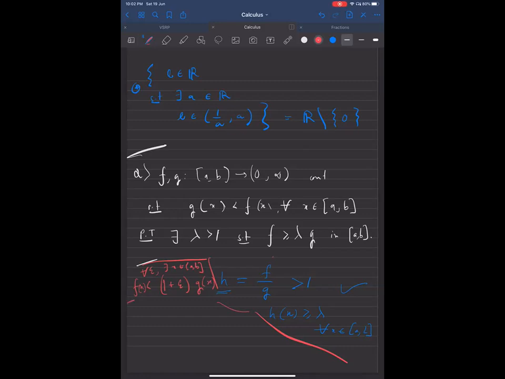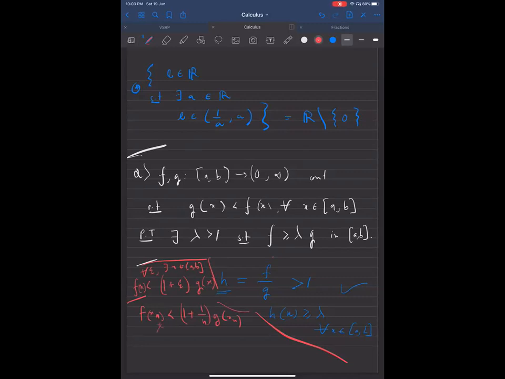So instead of epsilon, you can take 1 by n: there is xn such that f(xn) is strictly less than (1 plus 1 by n) g(xn). Now 1 plus 1 by n is strictly greater than 1, and we are assuming the claim is not true, so there must be some point for which this holds, and we call that point xn.